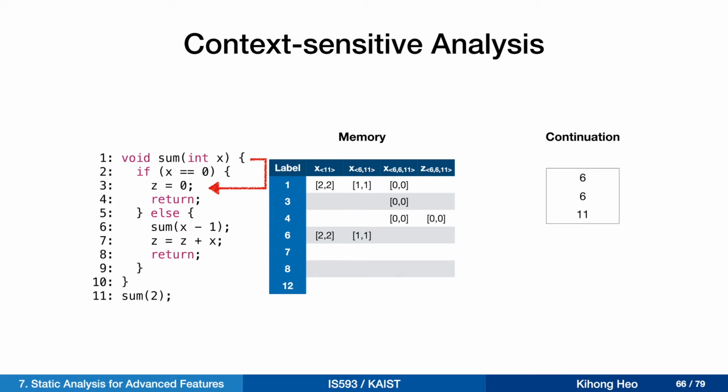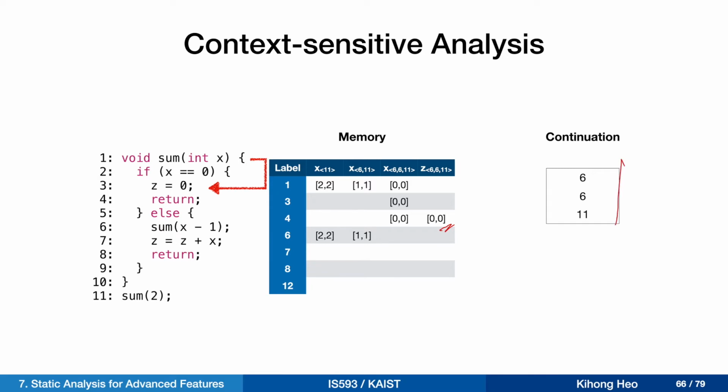Okay. And then we will differentiate each instance of global variable at a certain program point. Okay, which means that at this particular context, the value of z at line number 4 will be 0. Okay, makes sense. And then once it reaches the return statement, okay, the next target is computed based on the continuation.